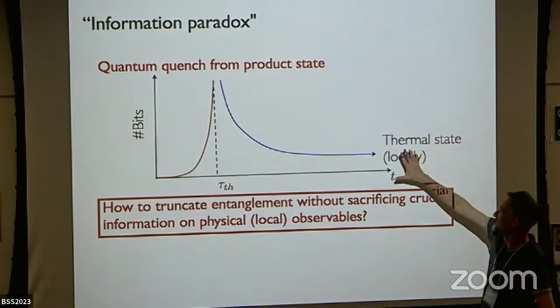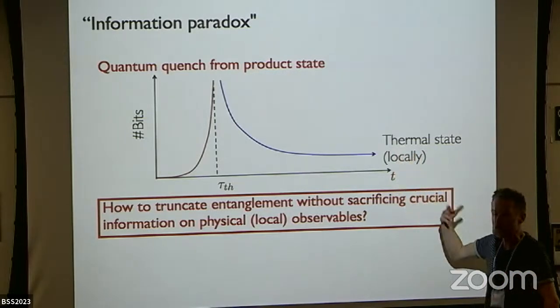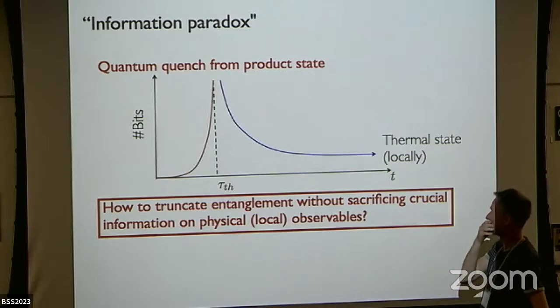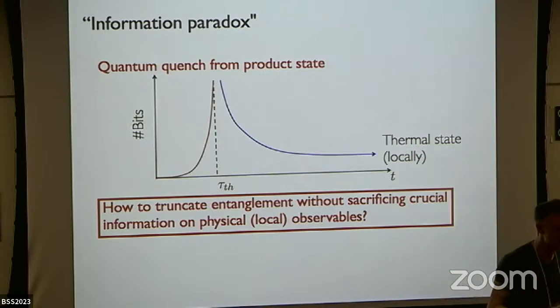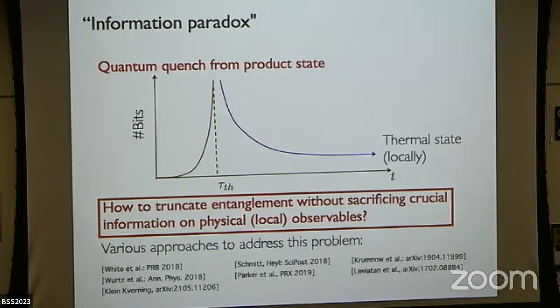But on the other hand, if you're interested only in local observables, and as we learned from previous lectures also by David Huse, eventually we expect that the system is described by very few parameters. So you maybe need just the particle density or the energy density, and that will tell you what the local observables are like. And the question is, how can we truncate the entanglement in a way that we do not sacrifice crucial information on observables?